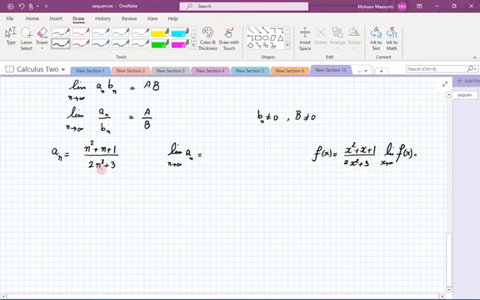Well, 1 over n and 1 over n squared go to 0. So the limit of this becomes 1, 0 and 0, divided by the limit of 2 plus 3 over n squared. Well, 1 over n squared goes to 0. If you triple it, it still goes to 0. And out comes 1/2.